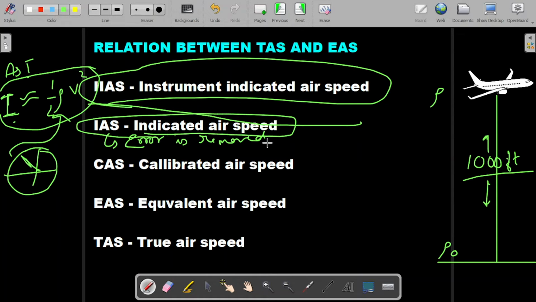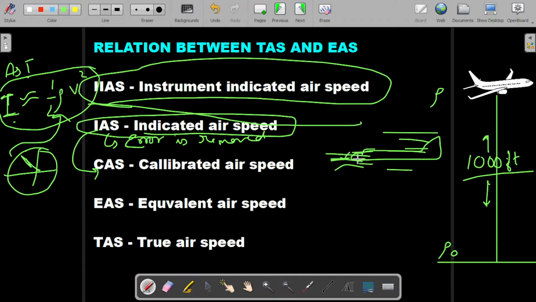Now from indicated airspeed, if we remove the position error. In the aircraft there is a pitot and there is a static tube, but because of the airflow, this static tube sometimes doesn't measure the exact pressure of the atmosphere.